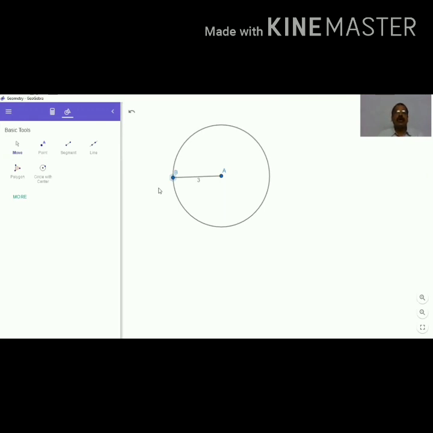Yes, now I have to take radius this side, I have to draw the tangent this side. I can rotate like this. Okay, this is radius 3, draw a circle of radius 3 centimeters.